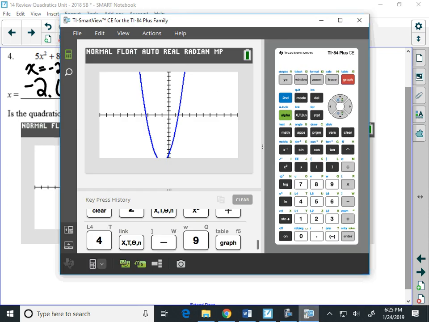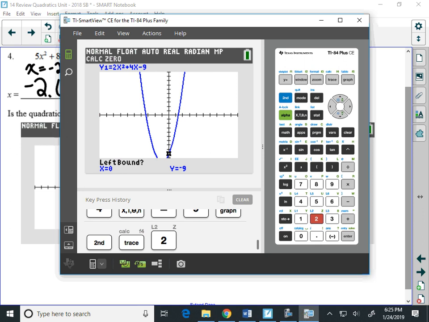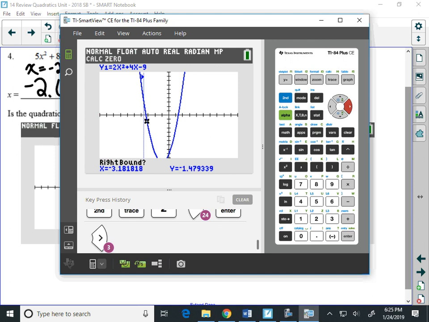So I'll pull the screen back up. We're going to go second, trace, and 0. And then I'm going to scroll a little bit to the left, enter. A little bit to the right, enter. And enter. And we get this value. Watch out over here to the right.